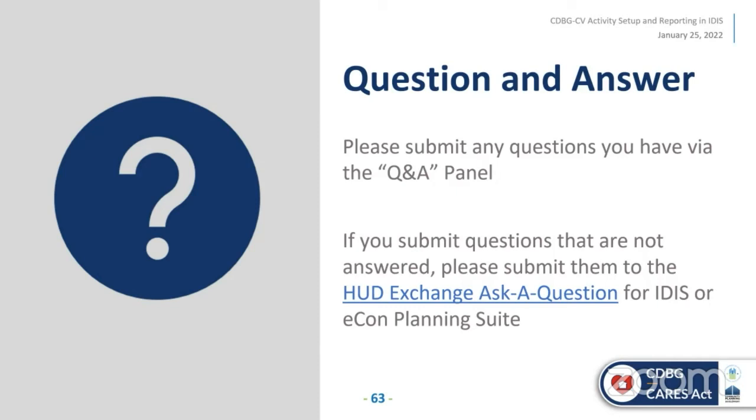Then you can search for the correct project and save that, and it will move that activity to the correct project. And even if you've already done draws, all the draws stay with the activity, but then it will put everything under the correct project. So if you find that you did have activities under the incorrect project, that's a very simple way to fix.